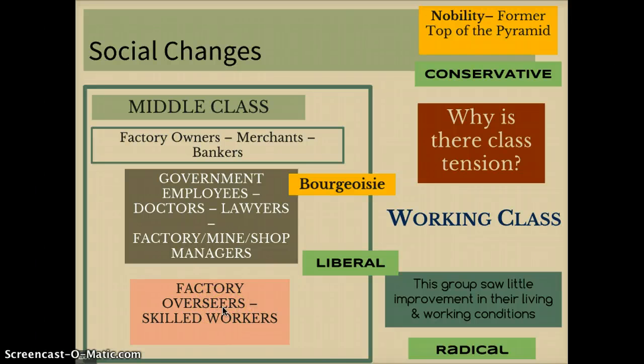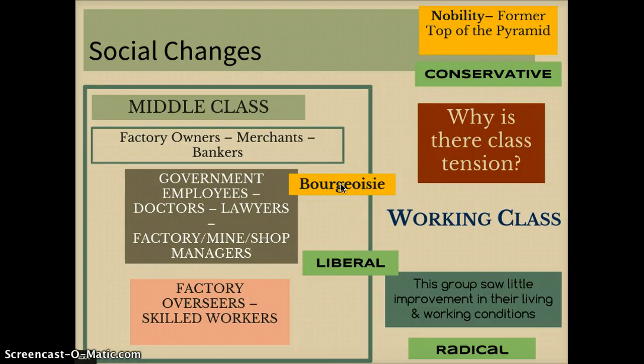And so these are the types of jobs people had that made them middle class. So you had factory owners, merchants, bankers, people at the very top of their industries. And then the middle class, your government employees, doctors, lawyers, mine shop managers, factory managers. And this is what we would call the bourgeoisie.